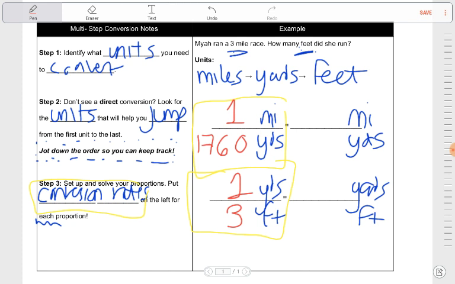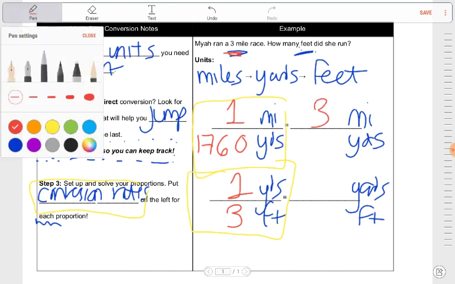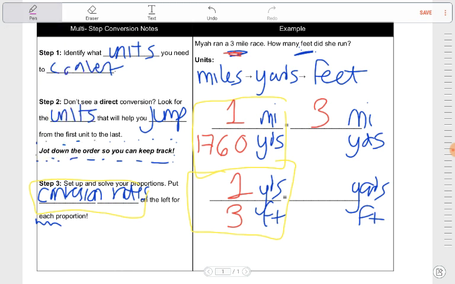You can fill in both of those just from looking at your conversion chart and from memorizing that 1 yard is 3 feet. So if 1 mile is 1,760 yards, just like any of our proportions, we're just going to scale this up. We don't care about 1 mile. We care about 3 miles. So in order to go from 1 mile to 3 miles, we know we're going to be multiplying that by 3.